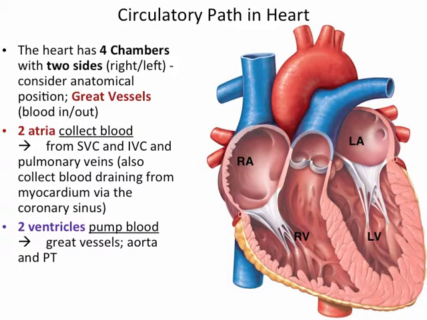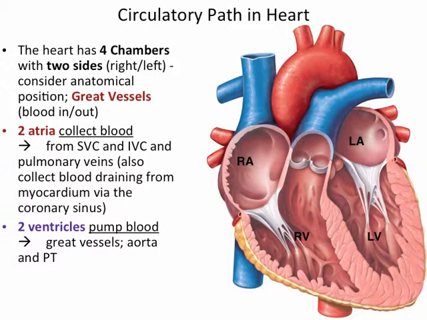So the atria, both the right and the left, collect blood. The right atrium collects blood from the SVC and the IVC, that's the superior vena cava and the inferior vena cava. The left atrium collects blood from the pulmonary veins, those four red tubes behind the heart, and the right atrium also collects blood from the vasculature that's supplying the heart muscle itself.